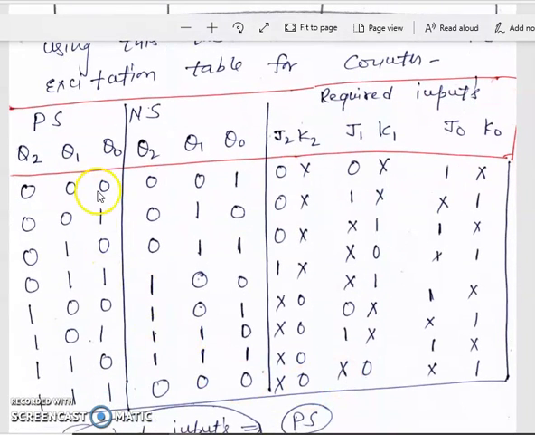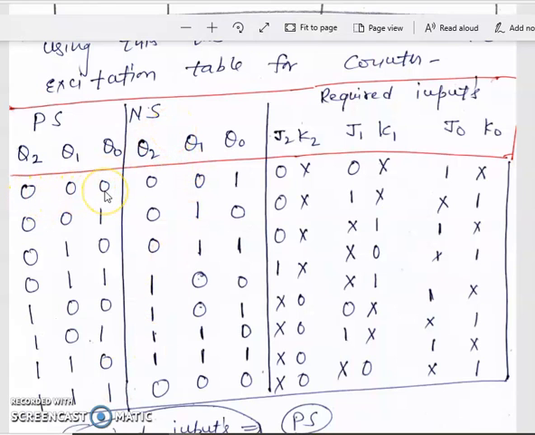Okay, in the present state we write our state sequence. In this example, we count from 0 to 7, so write 0, 1, 2, 3, 4, 5, 6 and 7, that is our mod. Next, what is the next state?